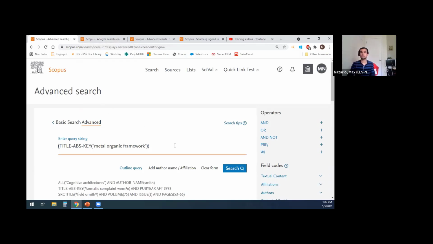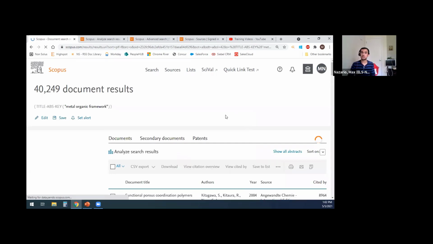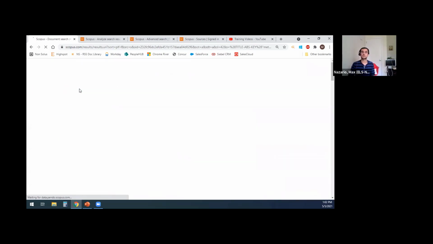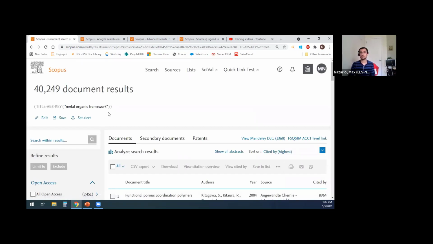If you're looking specifically for metal organic frameworks, but you want to understand synthesis, make sure that you include additional search options. If you run a search and find, oh, this is 40,000 results, this is way too many, let me add some additional terms, rather than having to go back to edit, you can just use this edit within search results, and you can add some additional terms with that as well.